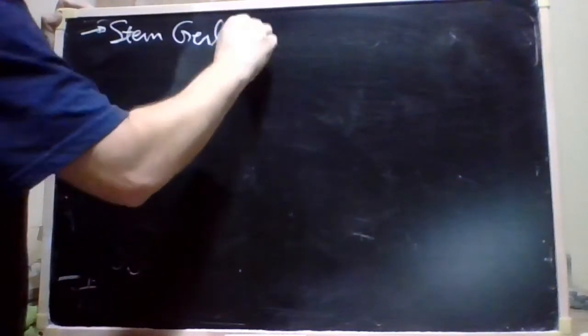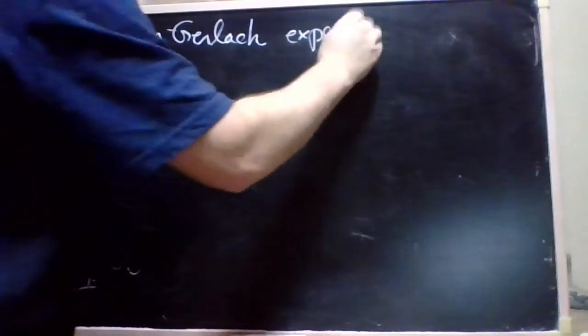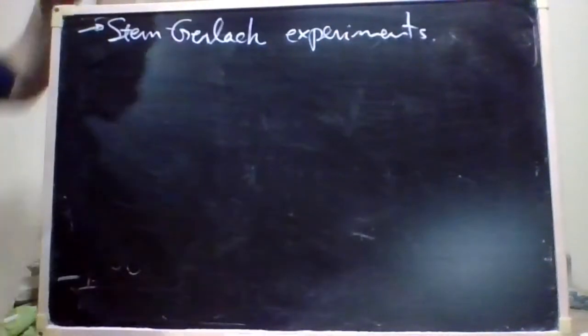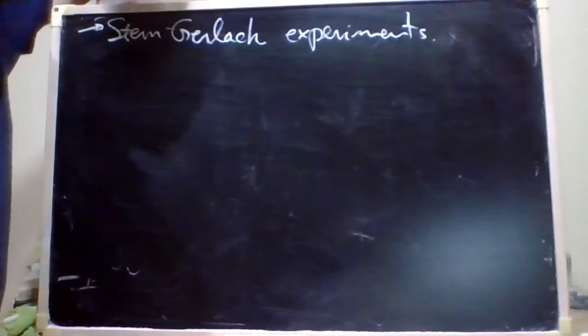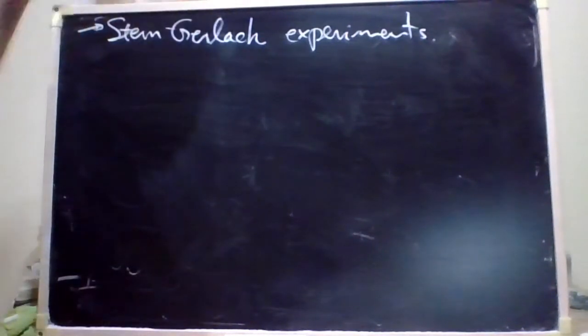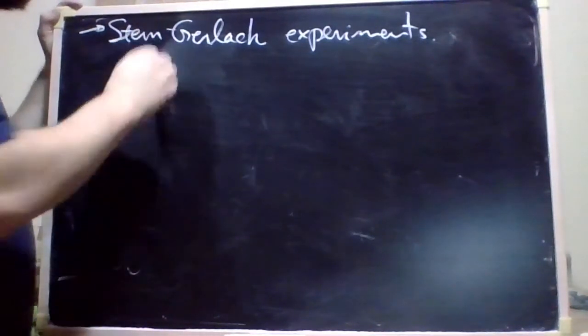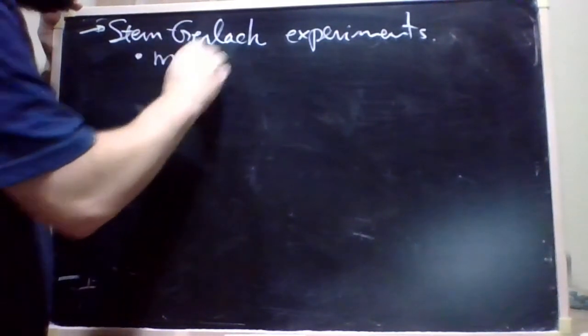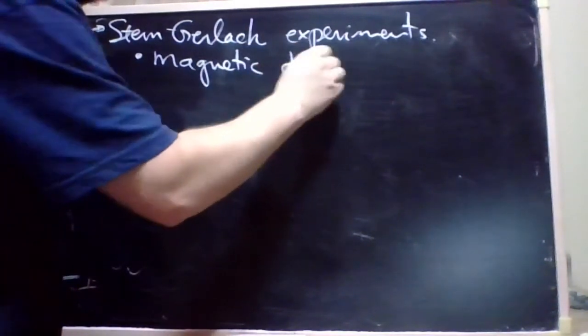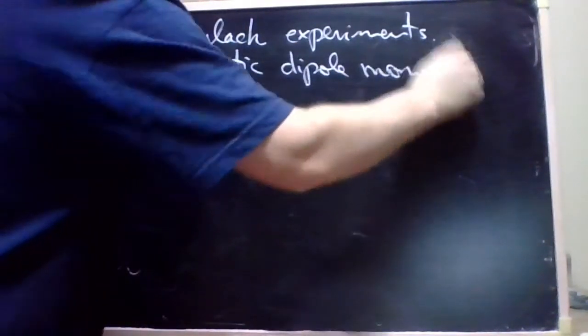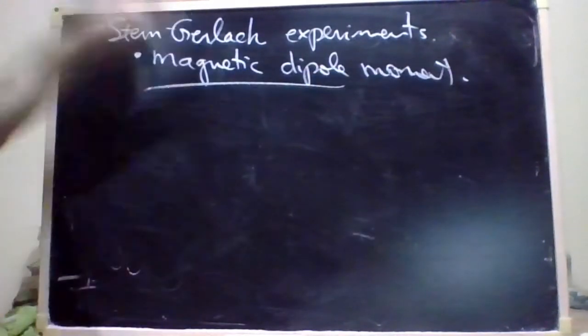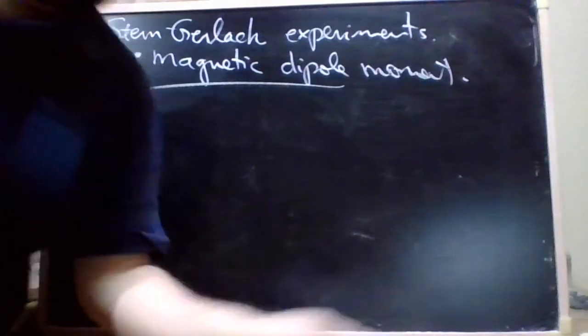If you want to discuss the Stern-Gerlach experiments, which we mentioned previously but did not discuss in detail, you need to understand something called the magnetic dipole moment, or, for simplicity, the magnetic dipole of a particle.